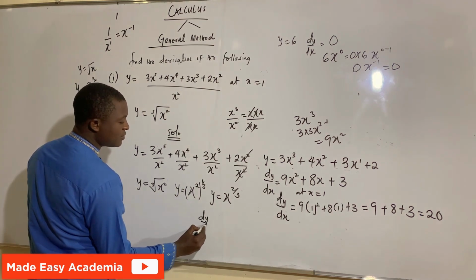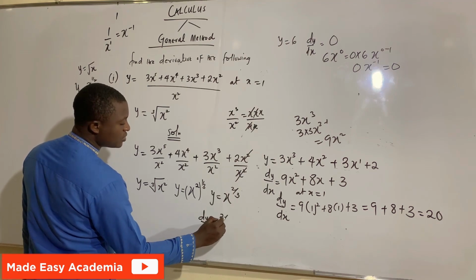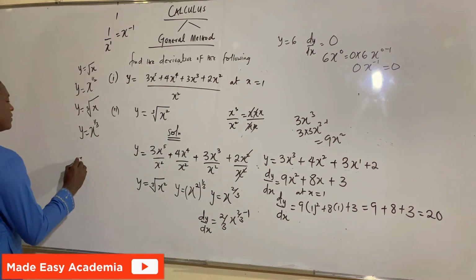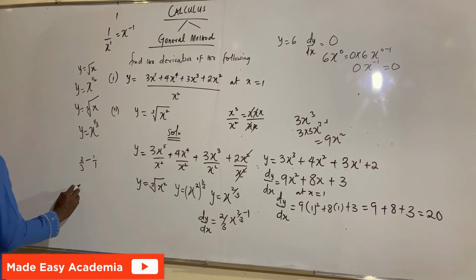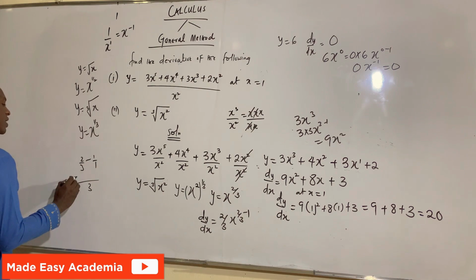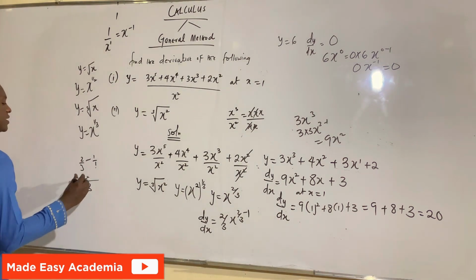That means that we have dy/dx is equal to the power coming forward as usual, 2 over 3 x to the power of 2 over 3 minus 1. So 2 over 3 minus 1: 3 in 3 we have 1, 1 times 2 gives us 2, 1 in 3 we have 3, 3 times 1 is 3.